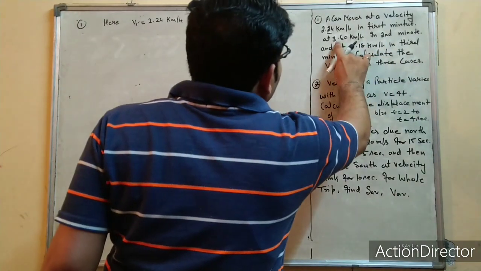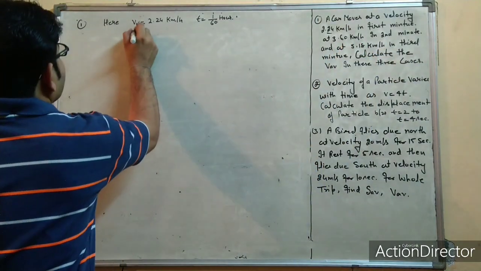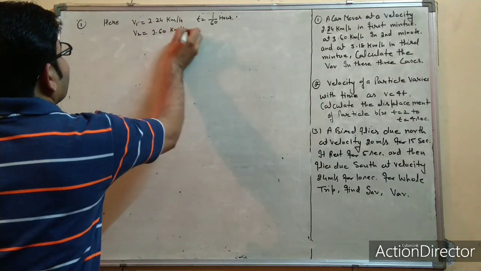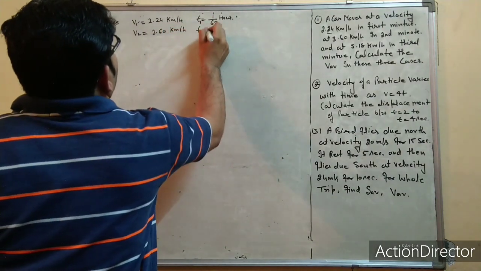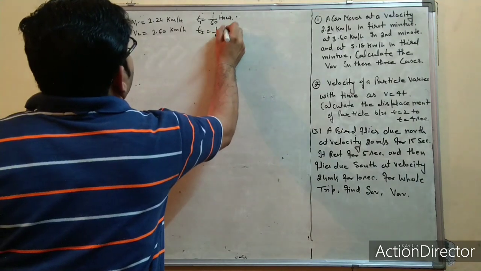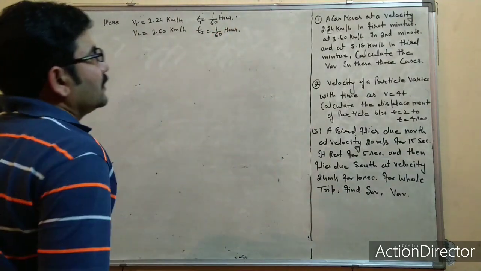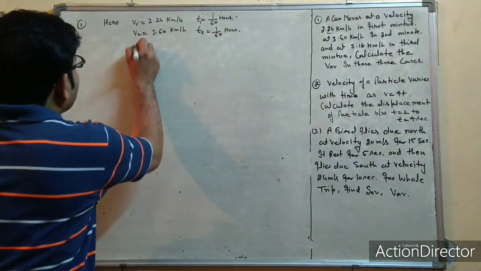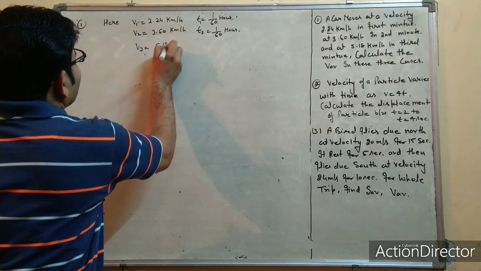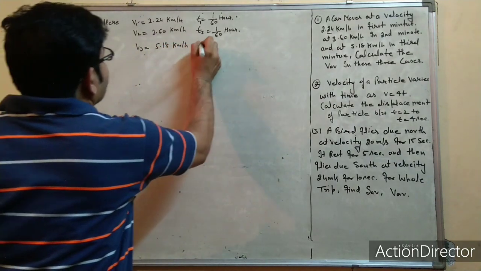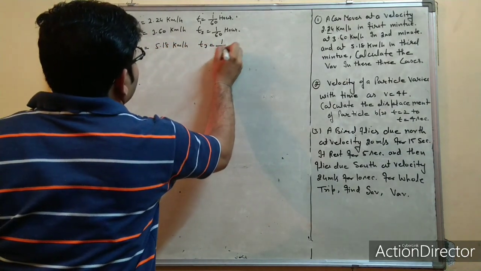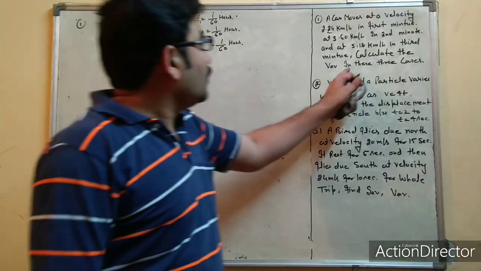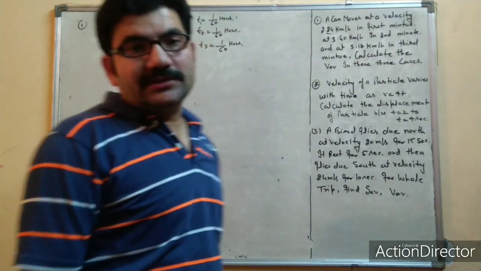Similarly, in the second minute, v2 is 3.60 kilometer per hour, and time t2 is again 1 upon 60 hours. In the third minute, 5.18, 1 upon 60. Now calculate average velocity in all these three cases.